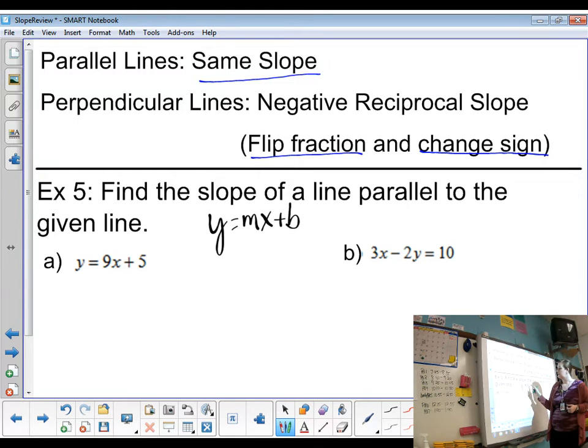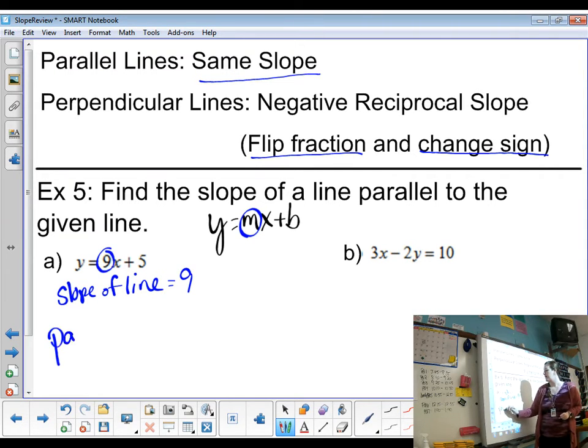So because it's in that form, you want to look and see what number is in that m position that's multiplied by x. So if we look at A, 9 is in the position of m. 9 is being multiplied by the x. That means that the slope of this given line is 9.